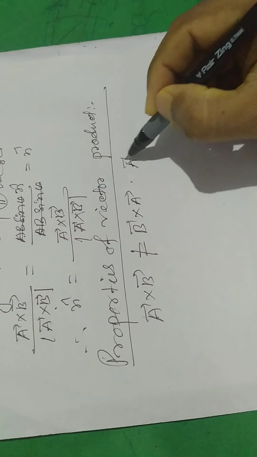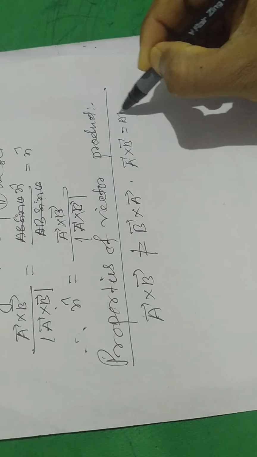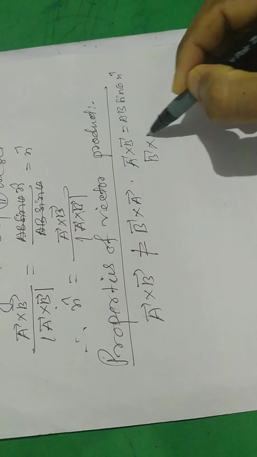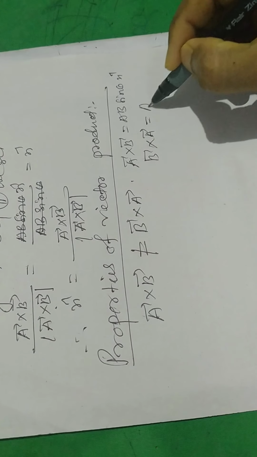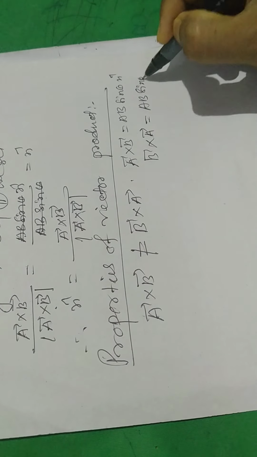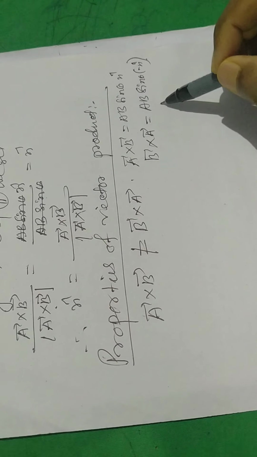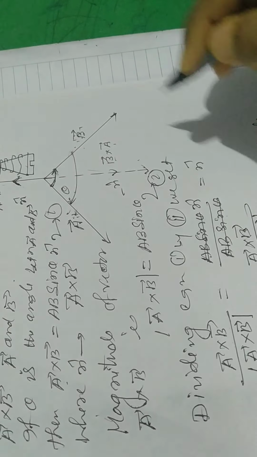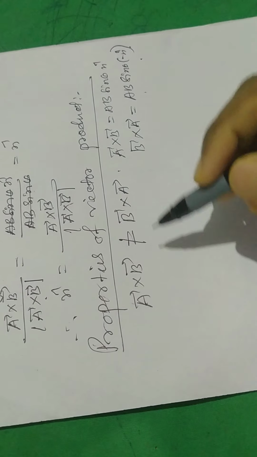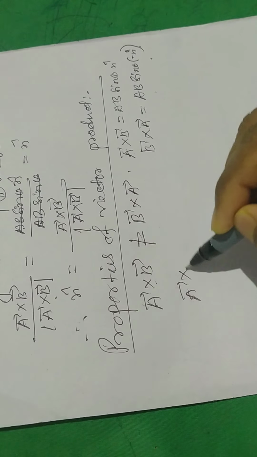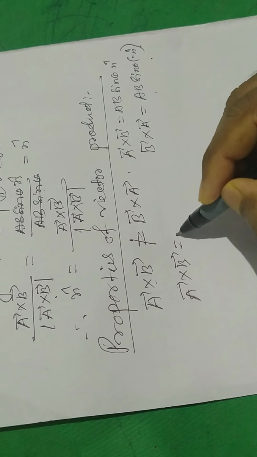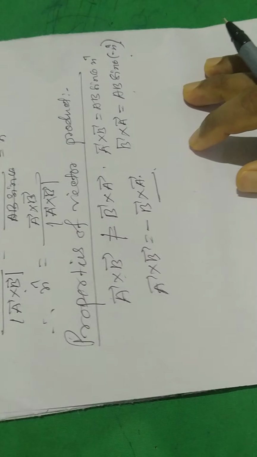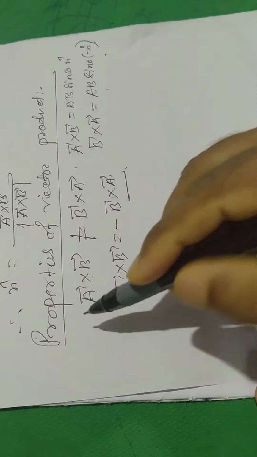A cross B is AB sin theta n cap, and B cross A is AB sin theta minus n cap. So the direction is changing. Therefore A cross B equals minus B cross A. This is property number 1.